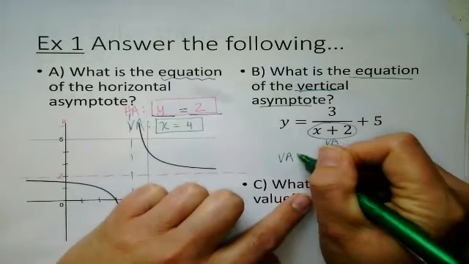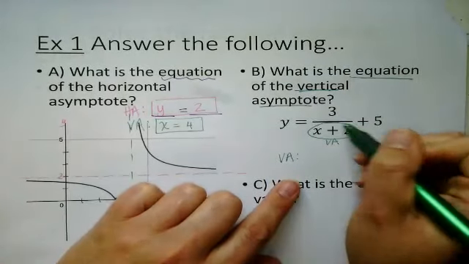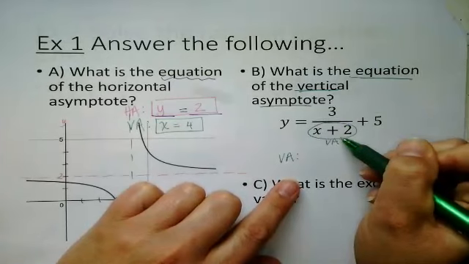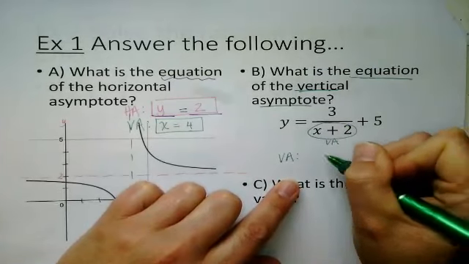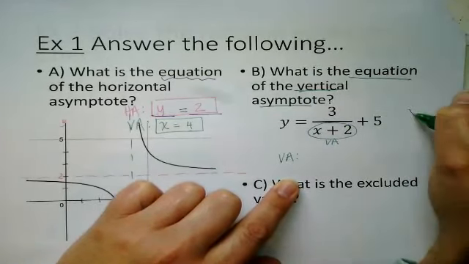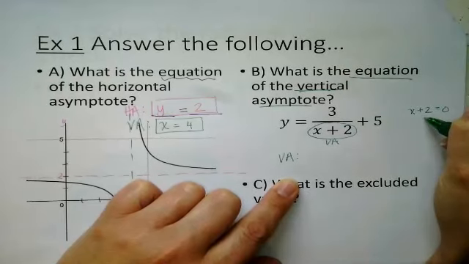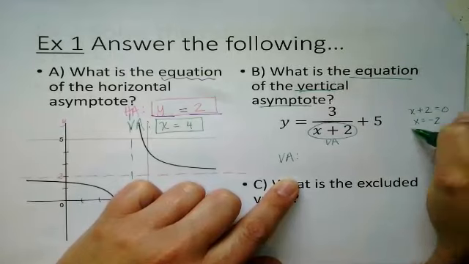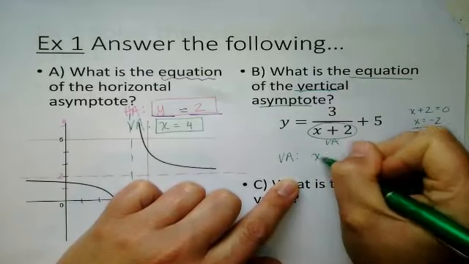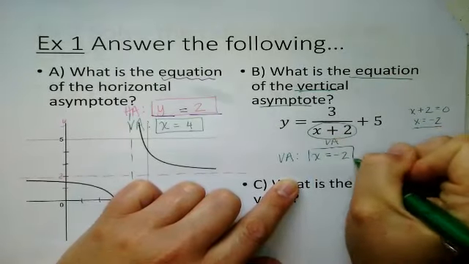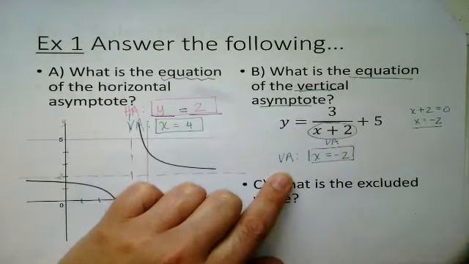So our vertical asymptote equation comes from solving. It's not x plus 2, it's an equation. If you were to take x plus 2 and set it equal to 0 and subtract 2, then that is our equation, x equals -2.